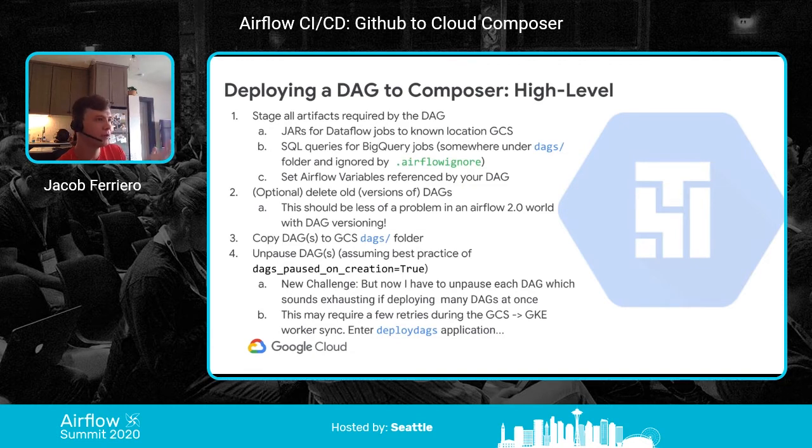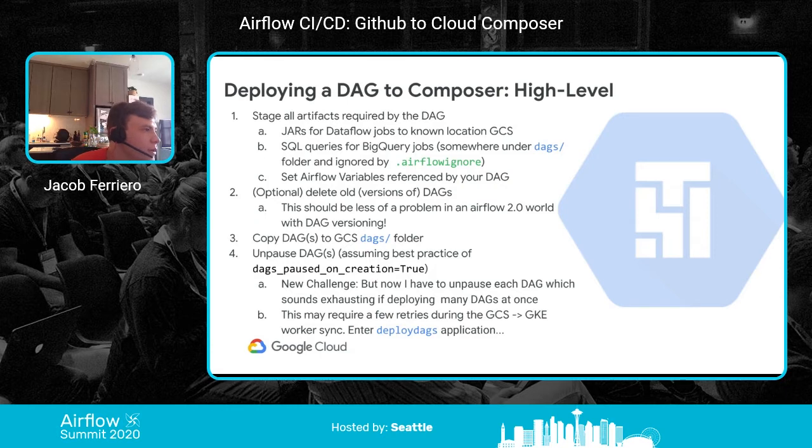We have some tooling around how you might achieve that a little later in the talk. I will give a shout out to all of the people working on Airflow 2.0. DAG versioning is a feature that is going to be available in Airflow 2.0, which should alleviate some of these problems. But a lot of us are still living in the 1.10 world.